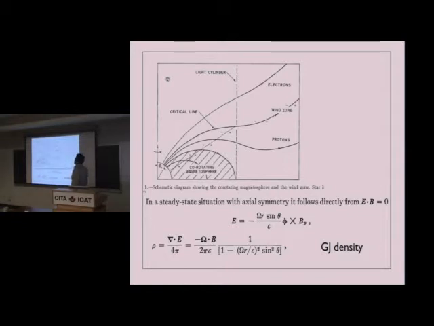And this is the main achievement of Goldreich and Julian, that they proposed this picture that on those open field lines there is an outgoing Poynting flux, because there will be an electric field going like so, there will be magnetic field going like so, and electric field and magnetic field give a Poynting flux like so.